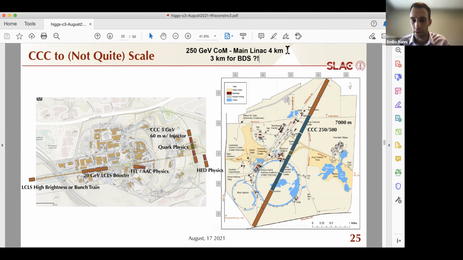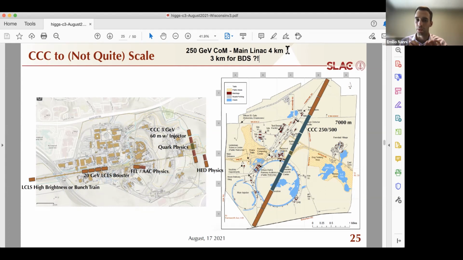So if you compare, CLIC did a study in 2019 that looked at what would be required to make a klystron version of their machine. It was at 380, so that's one reason why it's a little bit more expensive, of course.